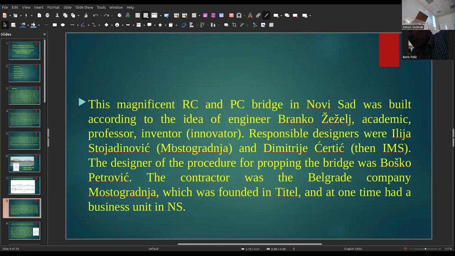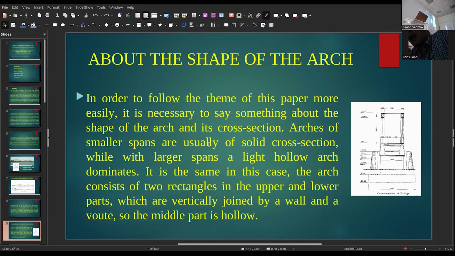The contractor was the Belgrade company Mostogradnja, which was founded in Titel and at one time had a business unit in Novi Sad. About the shape of the arch in the picture, in order to follow it easily in this paper, it is necessary to say something about the shape of the arch and the cross-section.